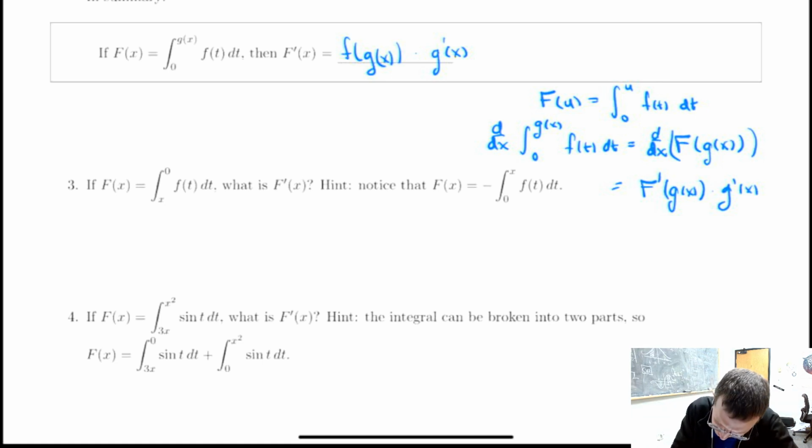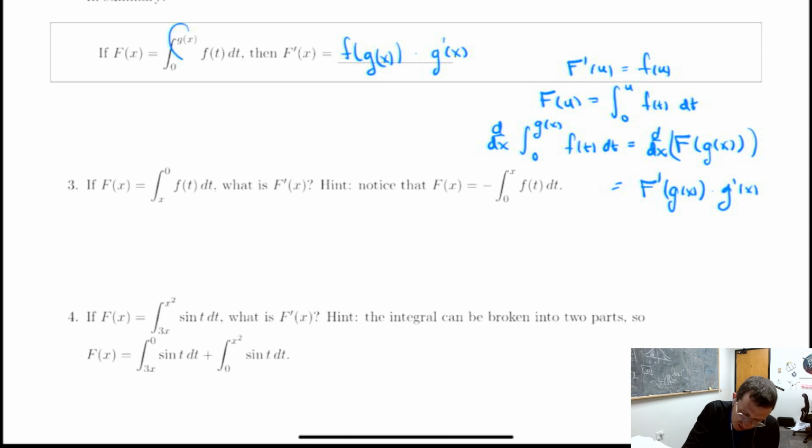And what's capital F prime? Capital F prime of u is just f of u. That's the conclusion of question 1 on this activity. When the upper bound is just the variable, no g of u, no u squared, just a u, when you differentiate, you simply replace the t with a u.